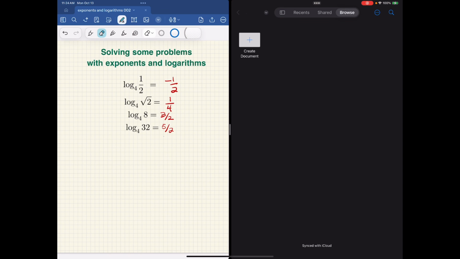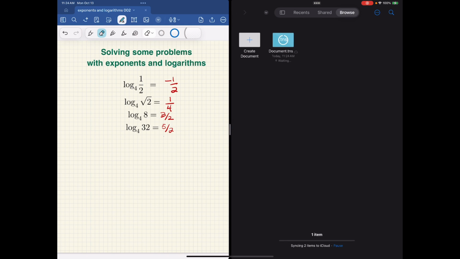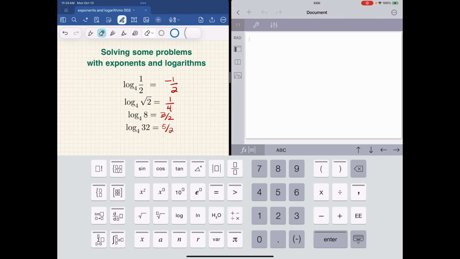Now let's check our answers. In the TI-Nspire CAS app, we'll create a calculator. And now we'll take a look at what we got. We're looking at log base 4 of 1/2. And that equals minus 1/2.